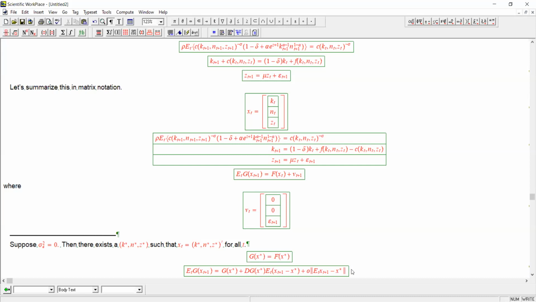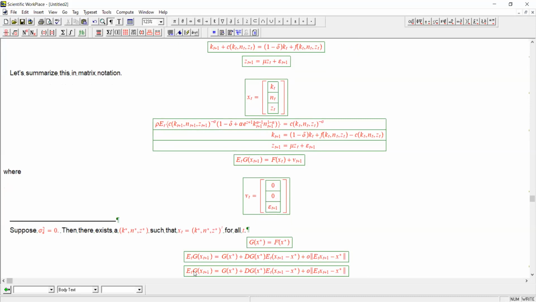The same is true of f, except that f is known, and it's a function of t not t plus 1, that equals f evaluated at the steady state plus the matrix of derivatives of f times the deviation from x star plus some small o of the deviation of xt from x star.